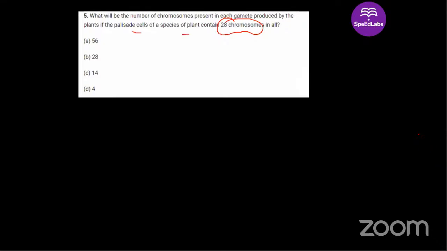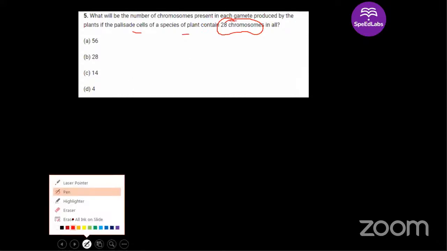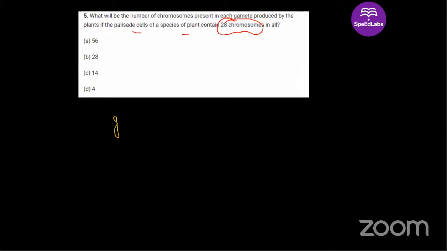Now, guys, tell me one thing. Why are you guys answering 56 and 28? What is the relation? Which concept are you applying here? See, what will be the number of chromosomes present in each gamete? Again, we have to know the number of chromosomes in gametes.